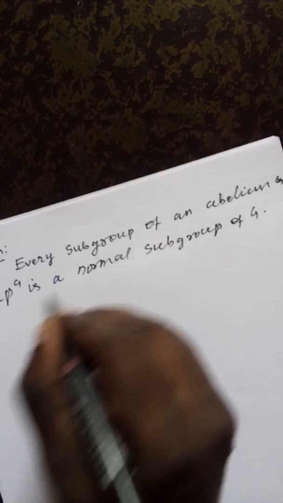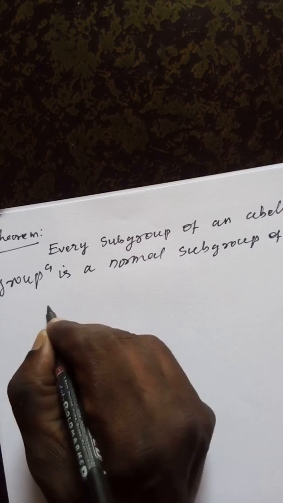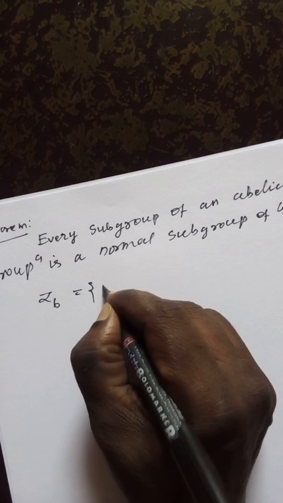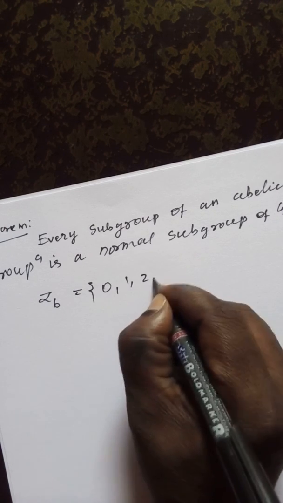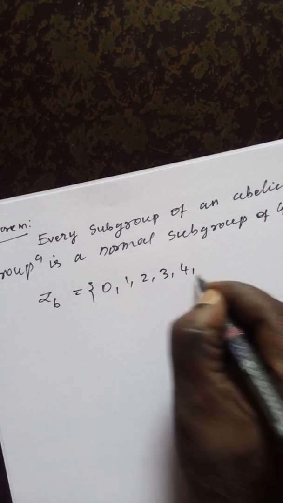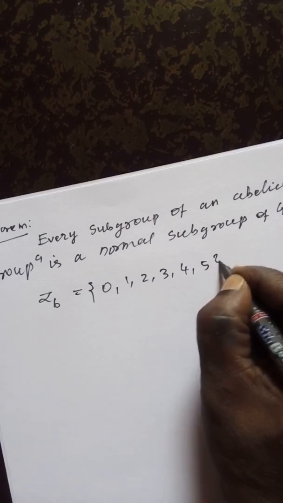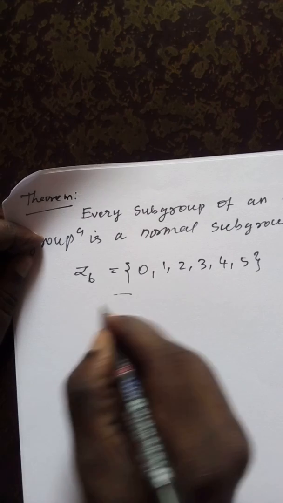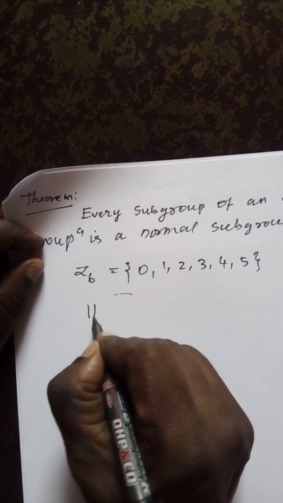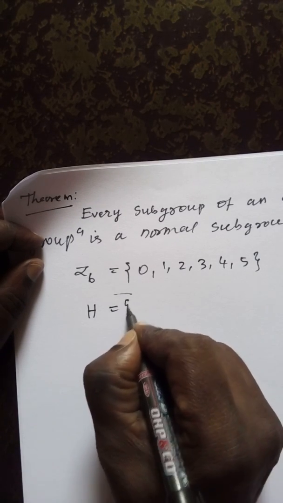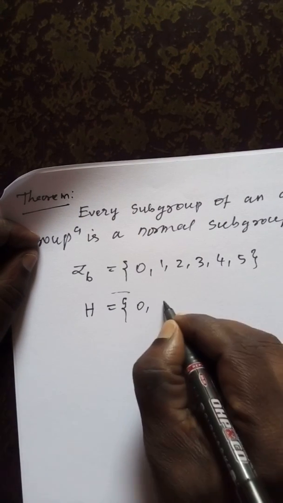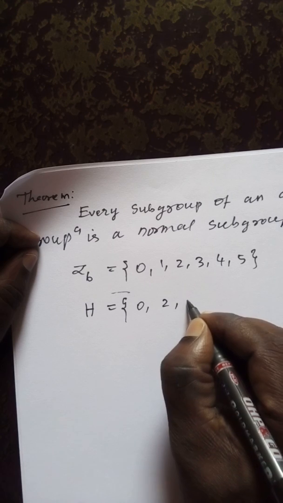Before the proof, we consider an illustration. Z6 consists of the elements 0, 1, 2, 3, 4, 5. Here we take the subset from Z6: 0, 2, 4.